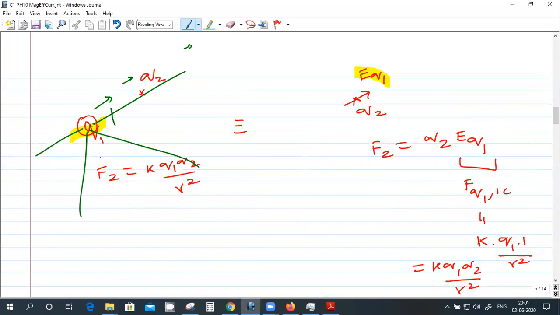Nearby you can see the density is more. When you go out, the density decreases. So that conveys the information that the electric field is dropping. Actually this is a three-dimensional thing, so it is a spherical shell, and the surface area of a spherical shell is 4 pi r squared.